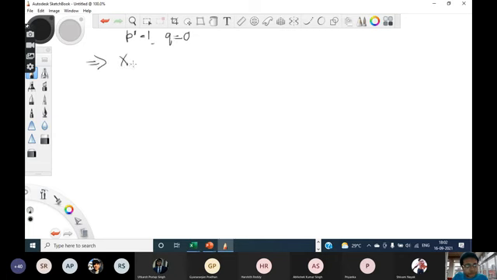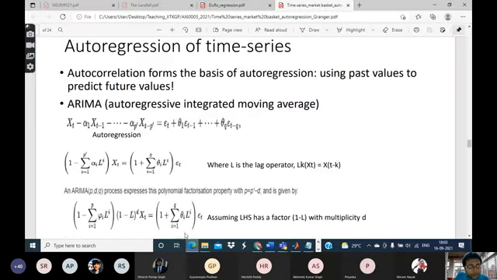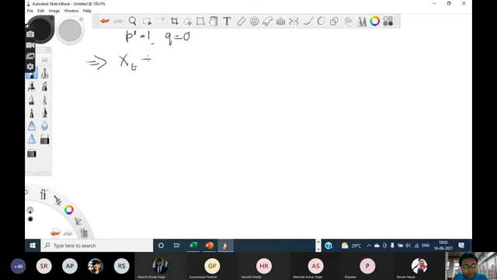Let's go back here. P prime is equal to 1, that means we will have only this term. All the other terms will go away. So we get xt minus alpha 1 xt minus 1 equal to, what do we get on the right hand side?